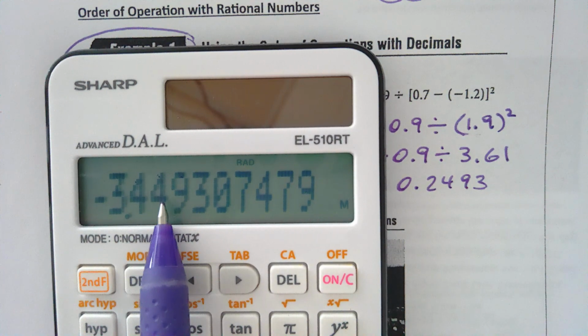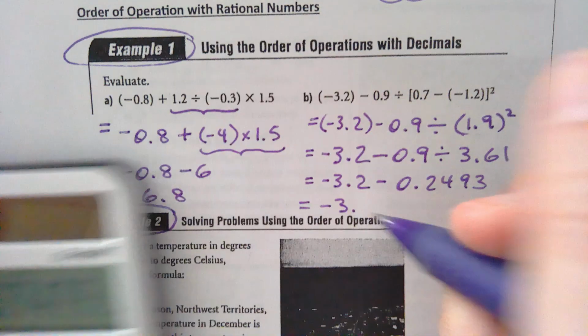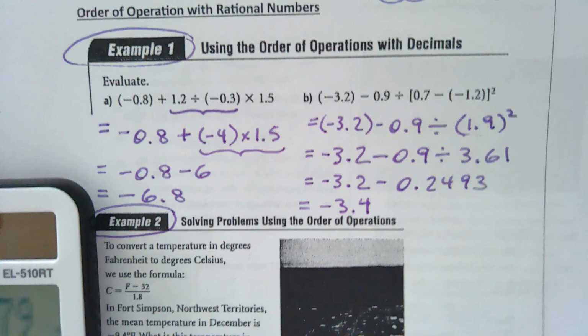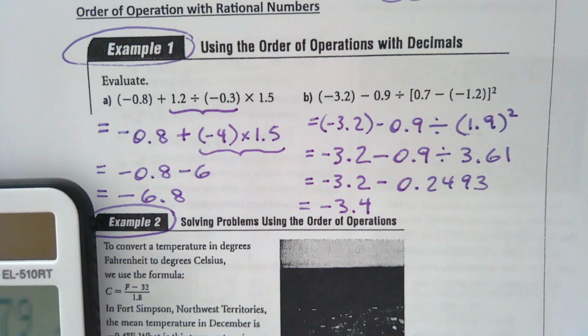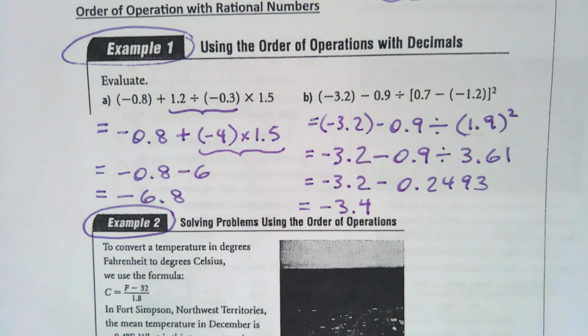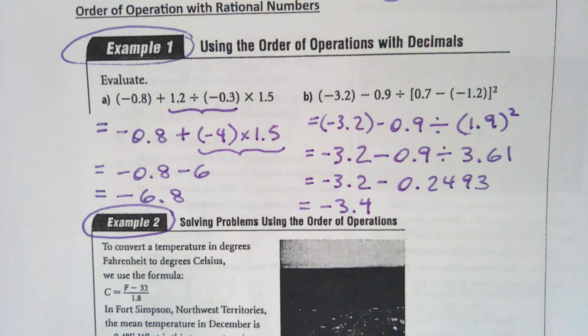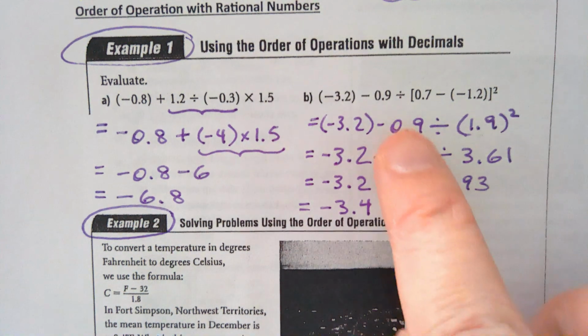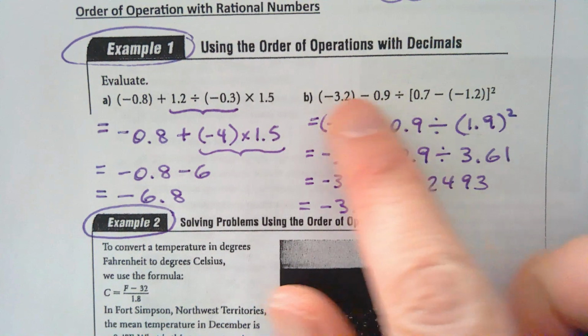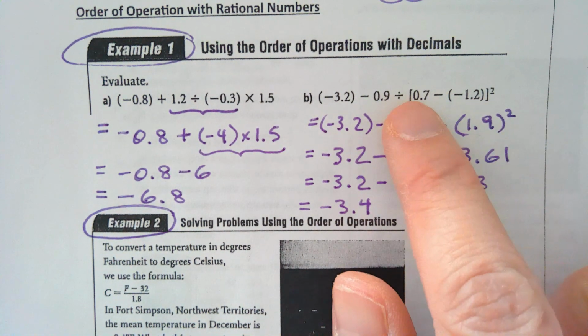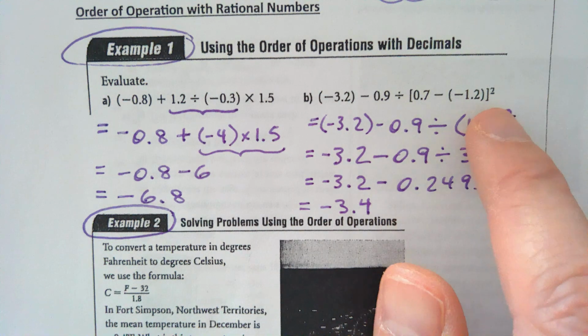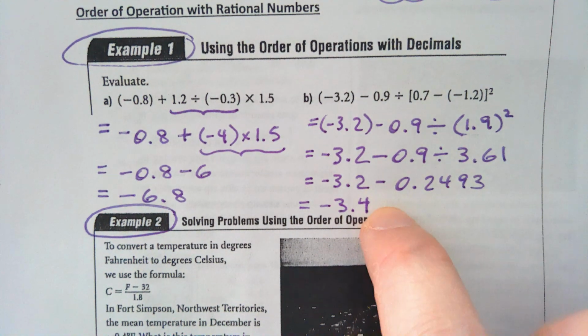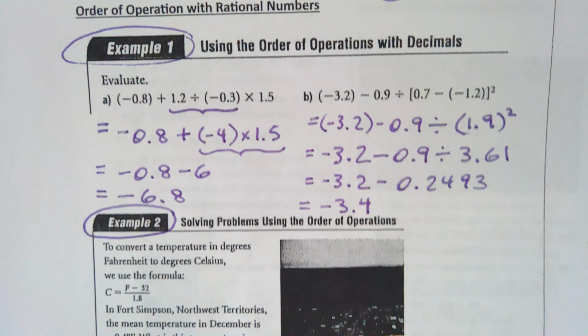So if this is a 4, then this stays as a 4. So negative 3.4. And then if I have a calculator, I just have to put everything in, keeping all my brackets, and I should get this with just a few punches of the numbers.